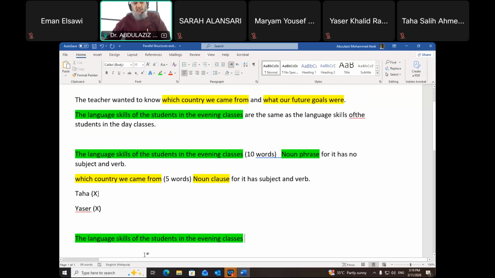You know how many phrases? Can you tell me how many phrases it has? This is a long phrase. Number 1, the language skills. Number 2, of the students. Number 3, in the evening classes. Number 4, the evening classes.